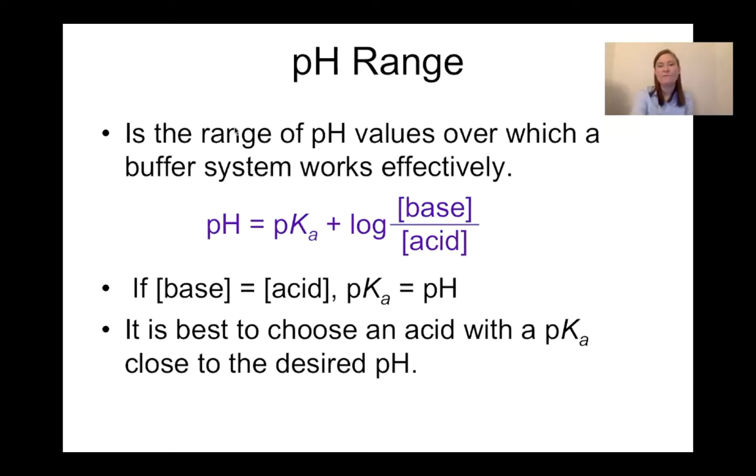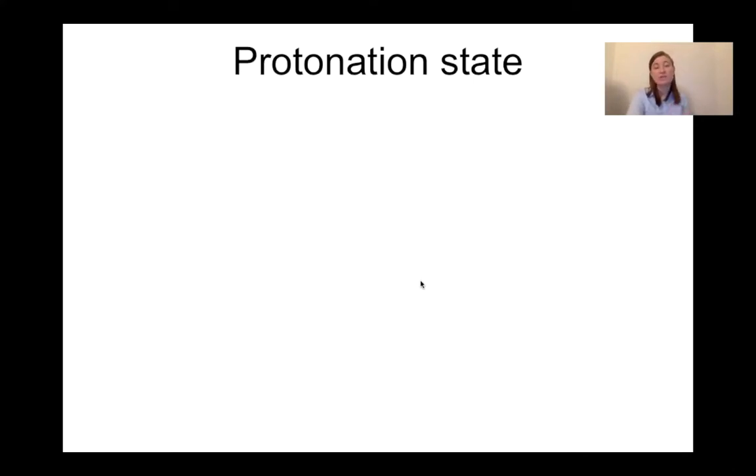So far, we've been using the Henderson-Hasselbalch equation to think about what concentrations are going to get us the pH that we want. But we can also use it to think about, based on the pH, what's going to be the ratio of concentrations. And so we can use the Henderson-Hasselbalch equation to evaluate the protonation state, whether our anion is protonated or not.